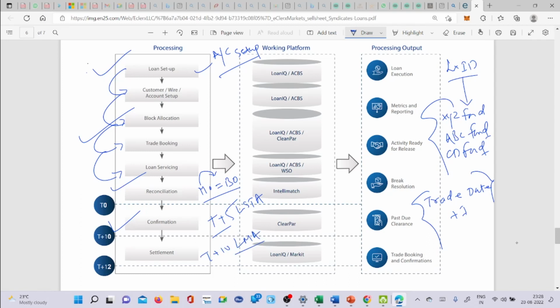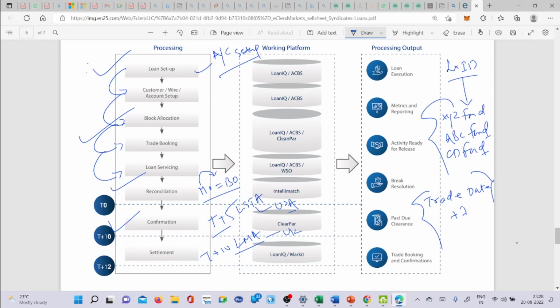LMA means Loan Market Association for the UK market, and LSTA is for the USA market, Loan Syndications and Trading Association. Accordingly, within T plus 10 days, the trades should be confirmed and finally settled, right?